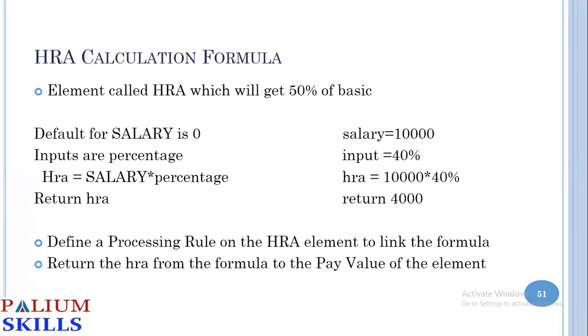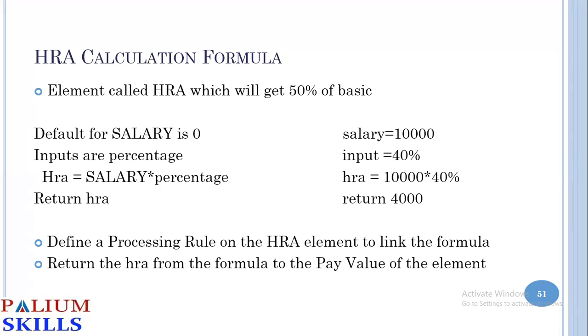The code, default for salary. The logic I understand, but I can't understand this default for salary zero, all those things. In PL/SQL programming, when do we put a default? Default is basically an initial value.